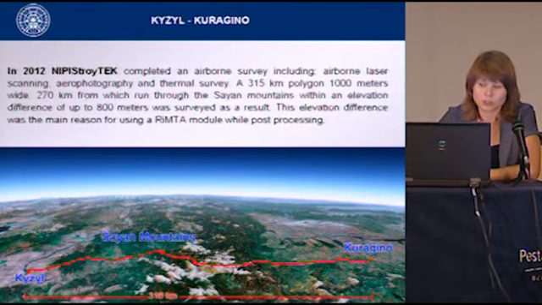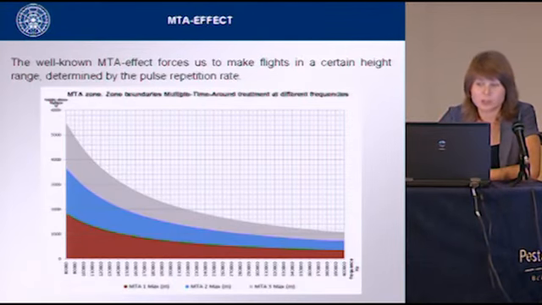To get a high density of laser reflection points, we used the recently developed and just announced by Riegl real-time MTA model. I would like to tell you a little about MTA.